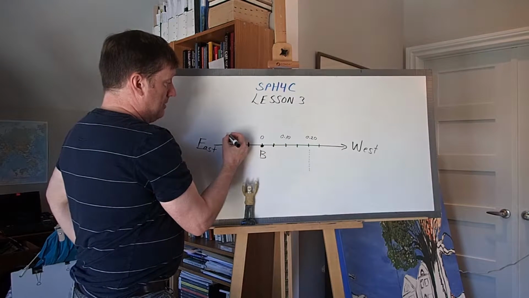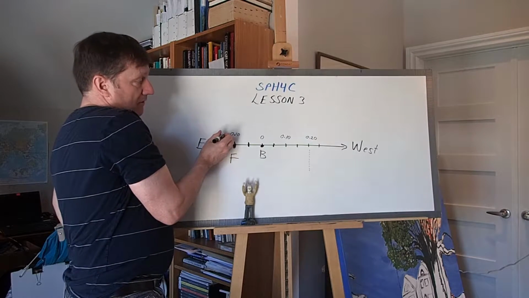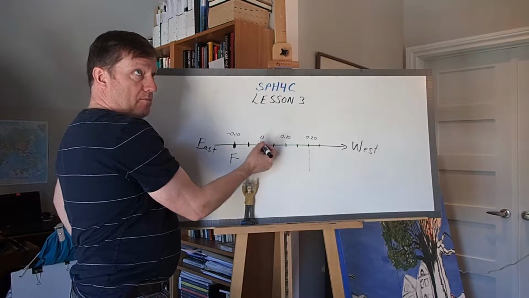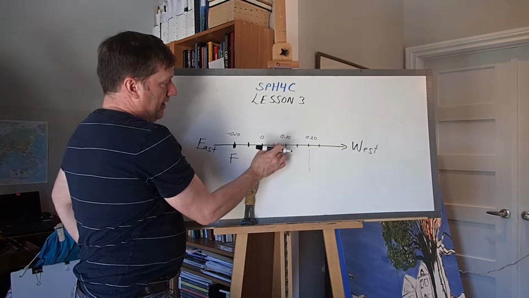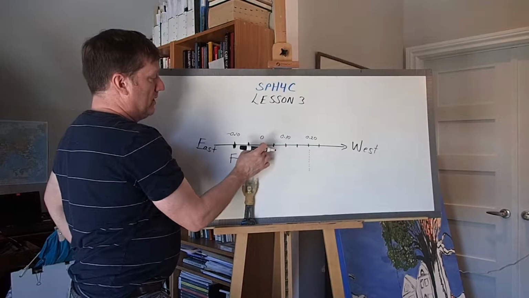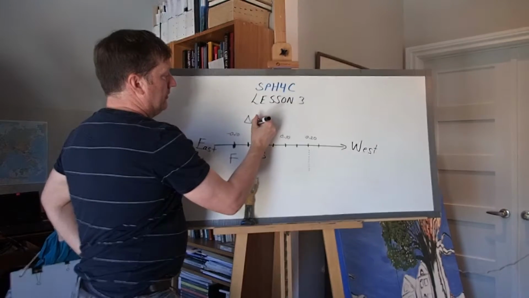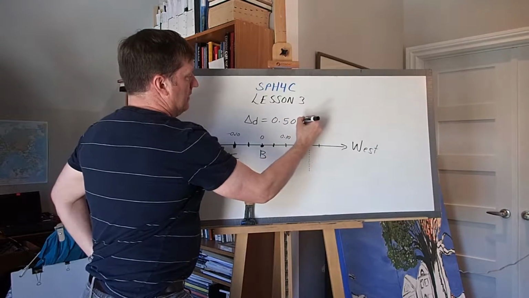This is actually minus 0.10. The minus, we're going to discover, means the opposite direction of the 0 position. So let's total it up. The total distance traveled is 5, 10, 15, 20, 25, 30, 35, 40, 45, 50. The total distance traveled was 50 centimeters.